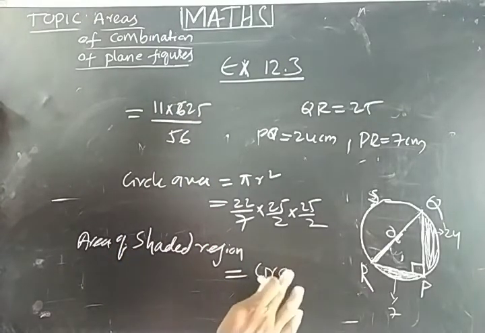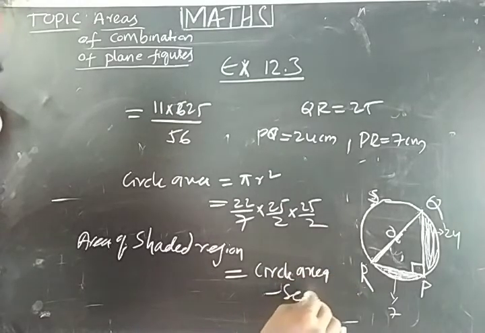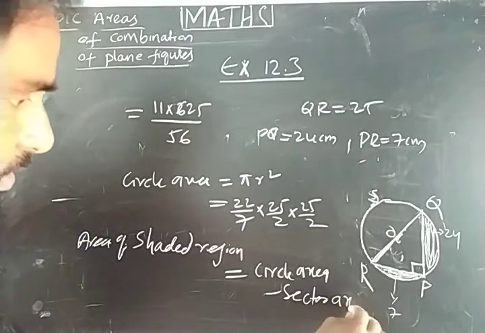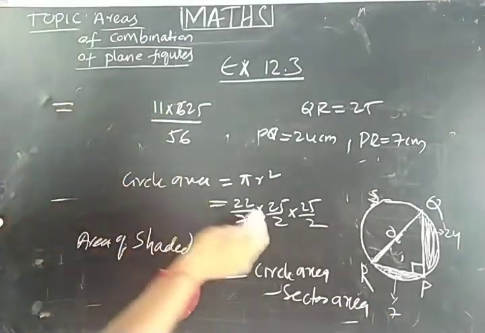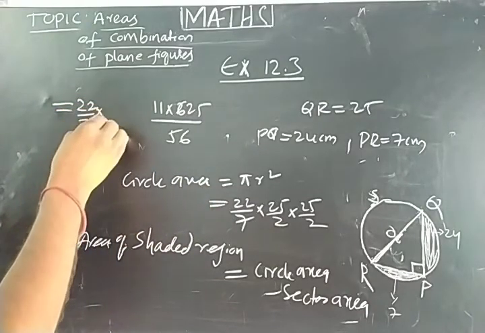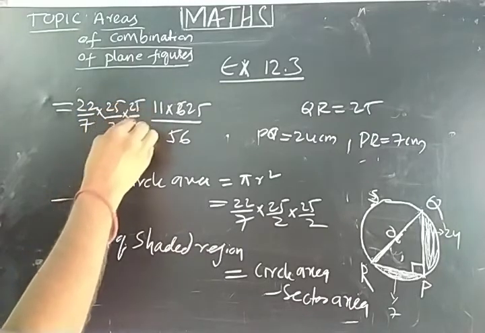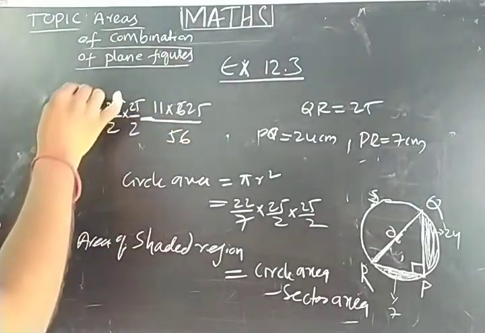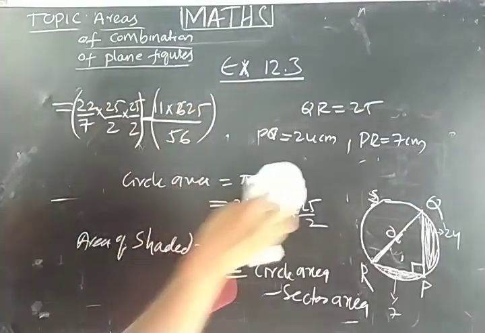Circle area is 22 by 7 into 25 by 2 into 25 by 2, minus the sector area.